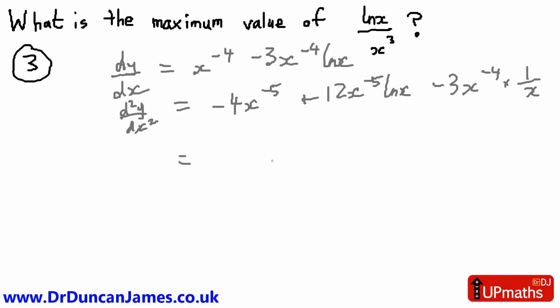The 1 over x becomes part of x to the minus 4, making x to the minus 5, which means we can bring those terms together, etc. And we end up with minus 7x to the minus 5 plus 12x to the minus 5 ln x. Now the question is, is it a maximum or a minimum? So we need to know whether it's less than 0. We need to put in the value x equals e to the third and see what happens. So let's do that.